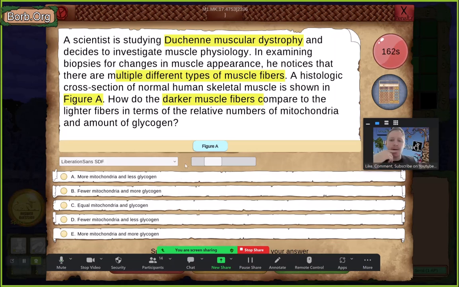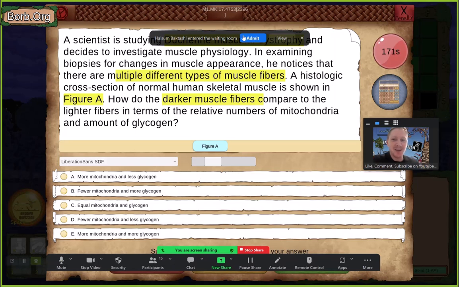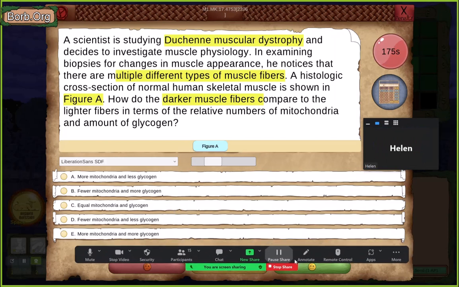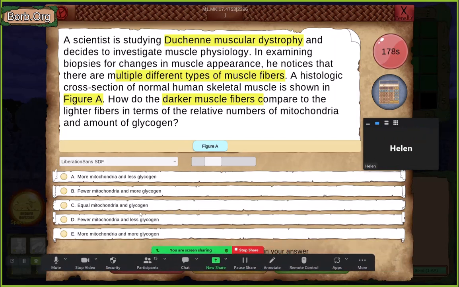So which of the two types are going to be darker? It's okay if you don't know, but more mitochondria and less glycogen. Yeah, I think the idea is that it's a matter of myoglobin, because the pigmentation of the myoglobin is going to cause it to be a little bit darker.